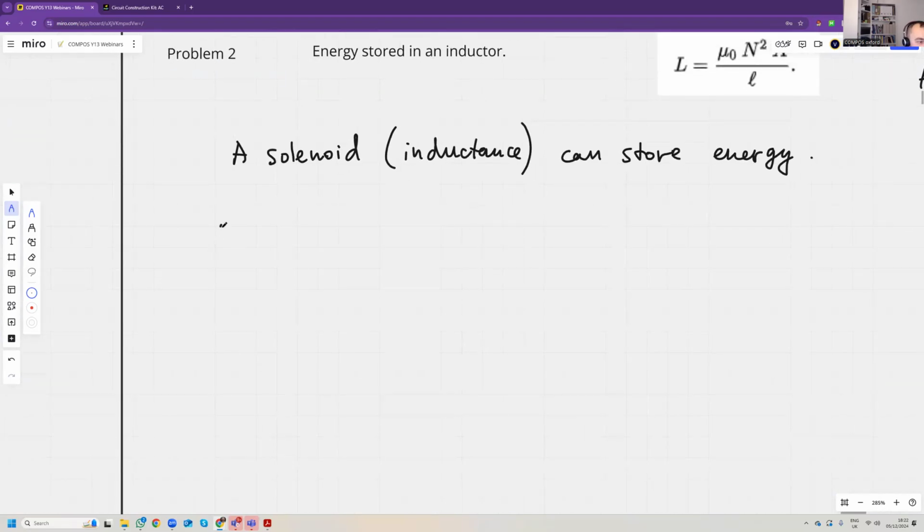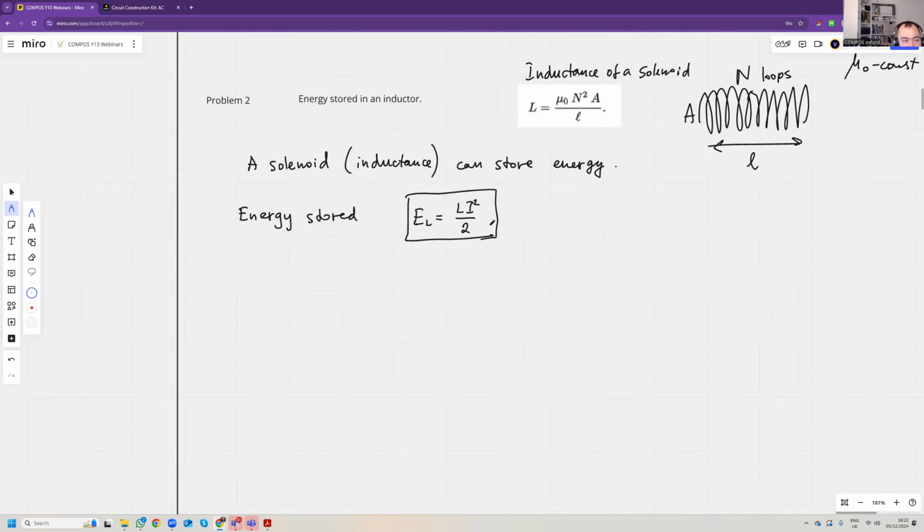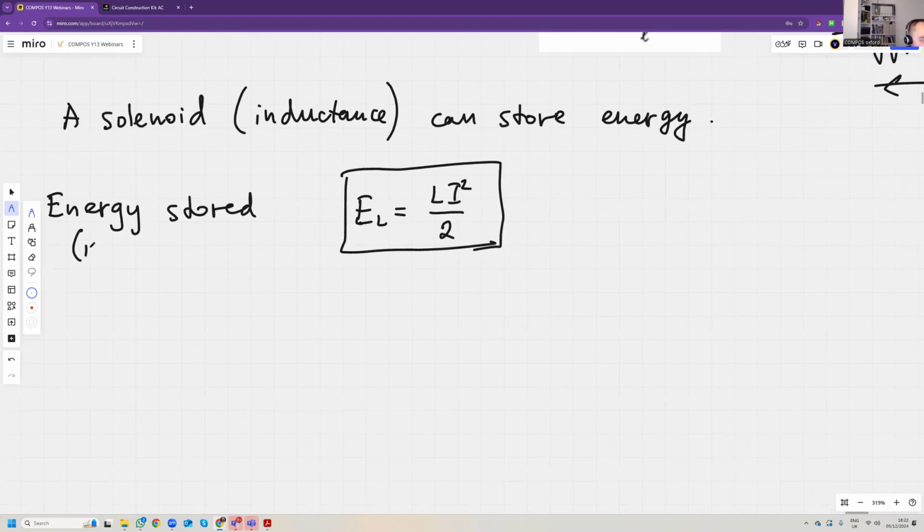And the energy stored, and this is shown in our assignment, I'll just quote the formula: energy in an inductor is Li squared divided by 2. This is the energy stored in an inductor. This is the magnetic energy.